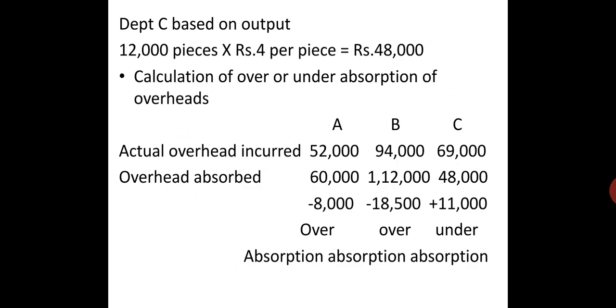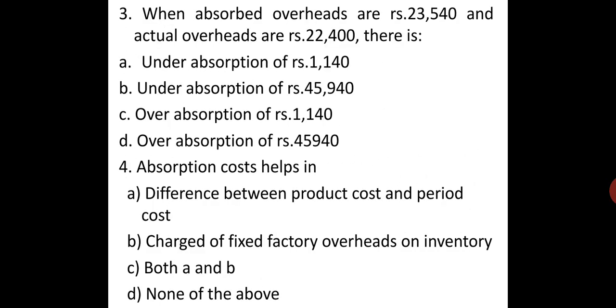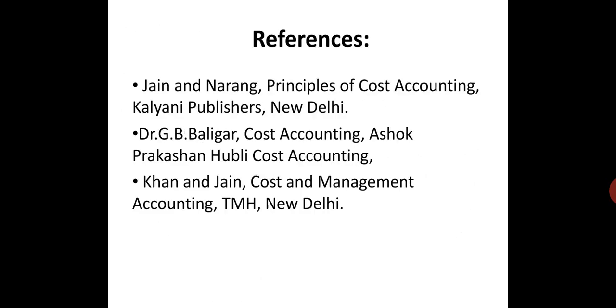This is over absorption. In case of C, actual overhead incurred is 69,000, overhead absorbed is 48,000. Here actual overhead incurred is more than the overhead absorbed. There is a 21,000 rupees under absorption of the overheads. Okay, thank you.